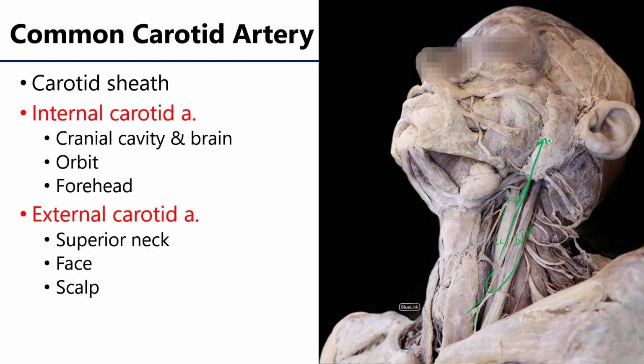We can see one of the earliest branches of the external carotid here. This is the superior thyroid artery, which is going to serve both the thyroid and give a branch to the larynx called the superior laryngeal artery.